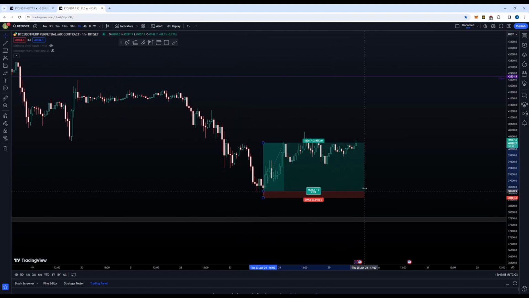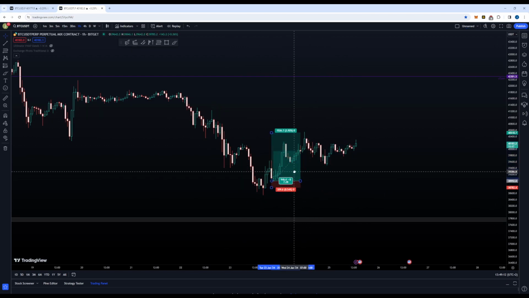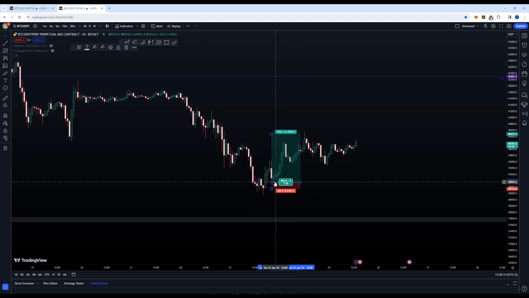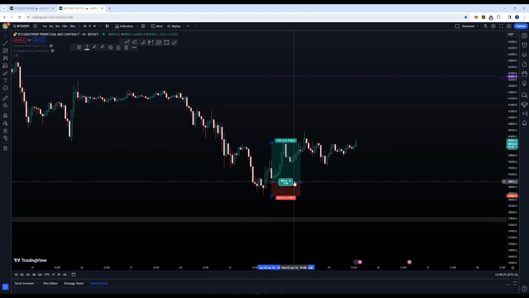So looking at this, it could be over. And another long entry is on the golden pocket, which wasn't filled, but you could still enter a bit earlier. Like maybe you have some entry on different time frames, and then again target this. This already gives you almost free risk reward.